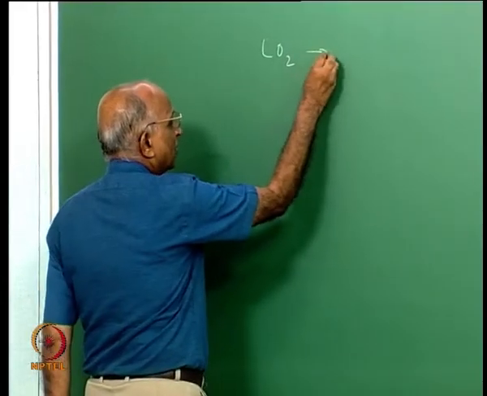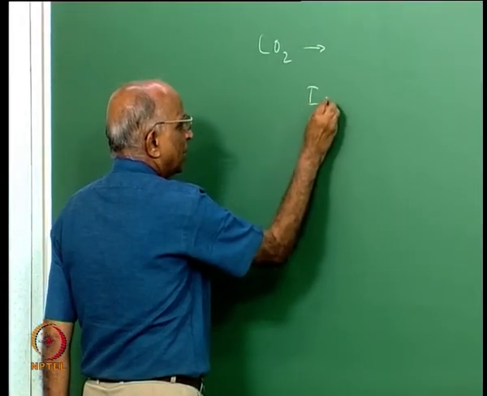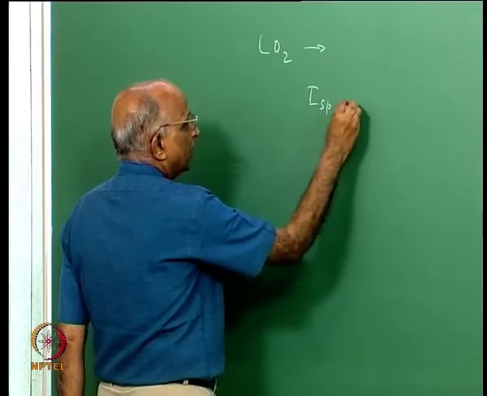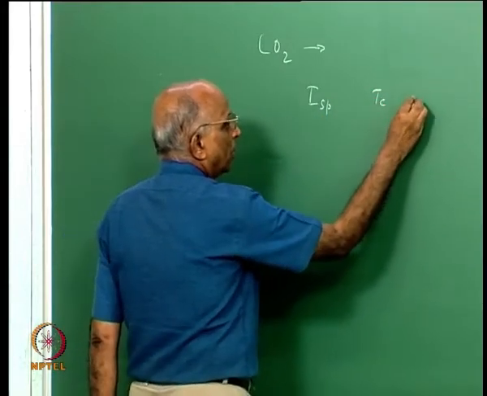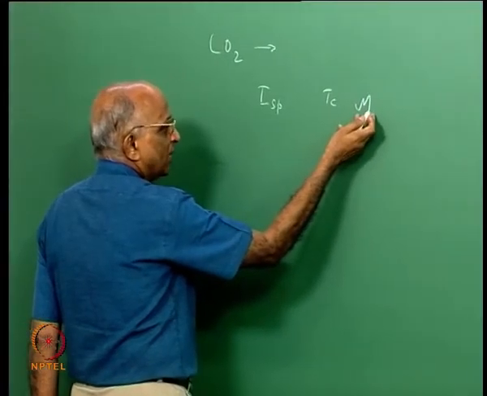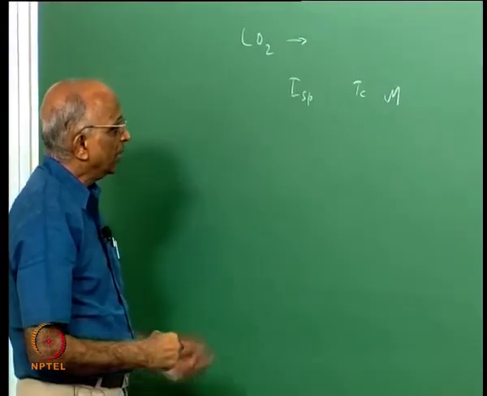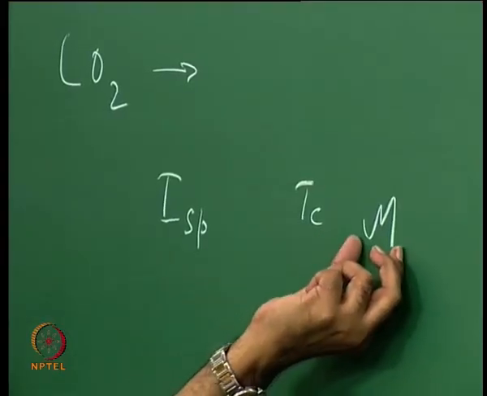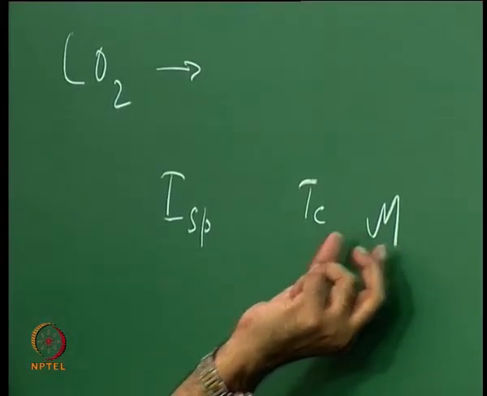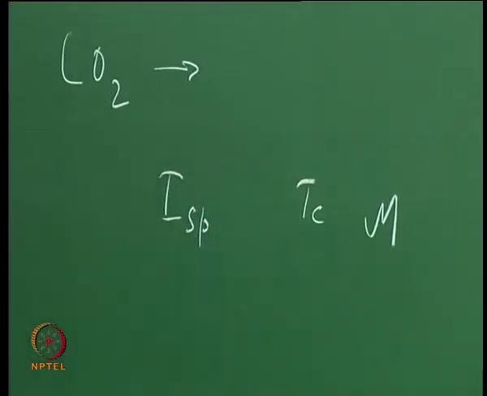Let us tell ourselves, the specific impulse can be increased by either increasing the combustion temperature or reducing the molecular mass of the combustion products. How do I do this is the question. Let us examine the following.